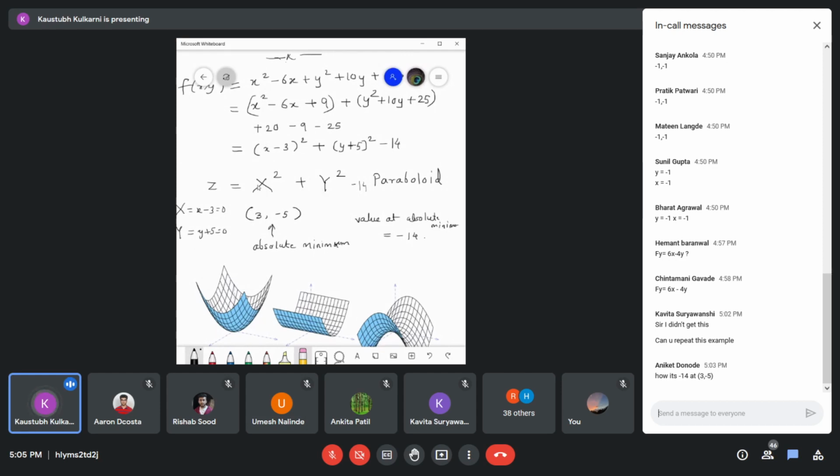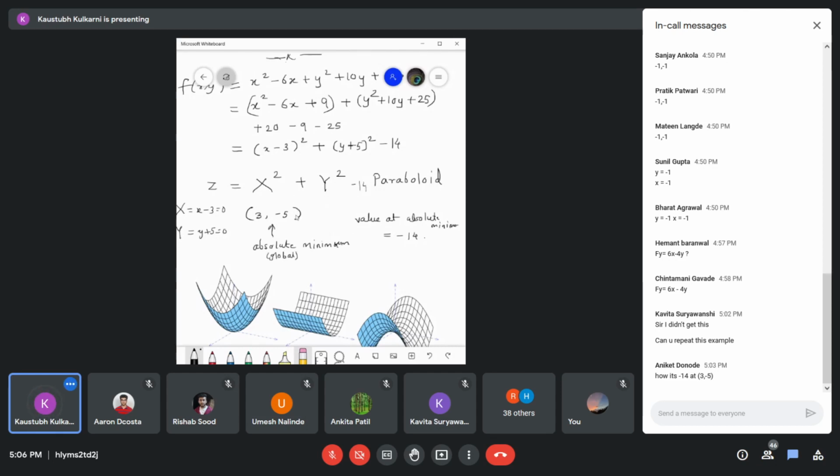But if you substitute capital X equal to 0, it actually means your small x is equal to 3, and capital Y is equal to 0 when your small y is equal to minus 5. So small x equal to 3 and small y equal to minus 5 is the point where you will get your absolute minimum, or in other words, global minimum.